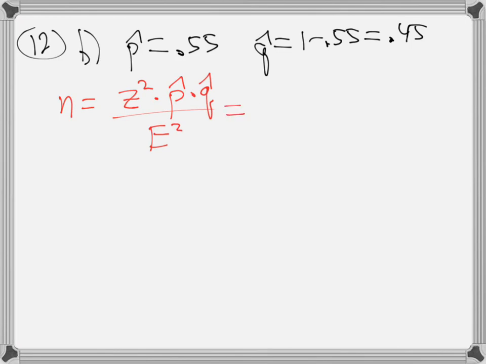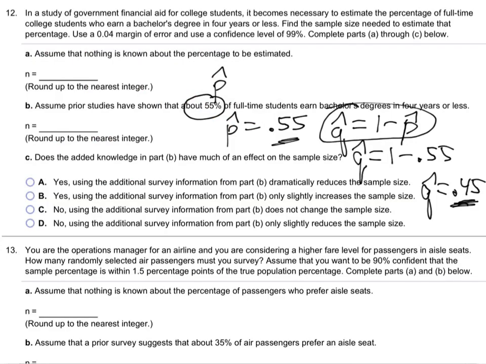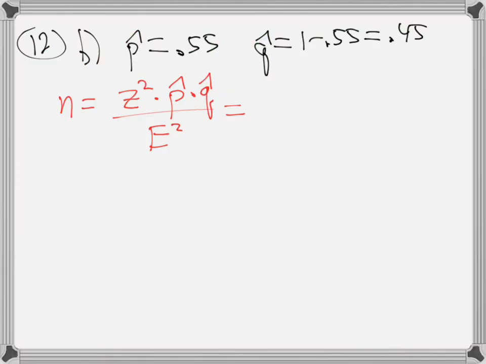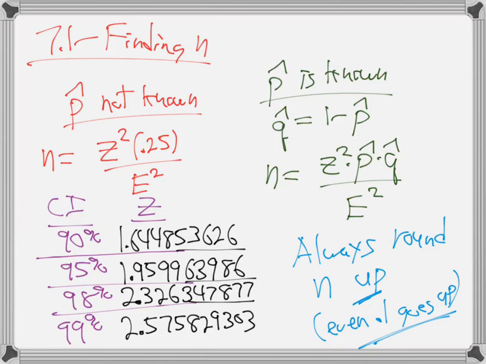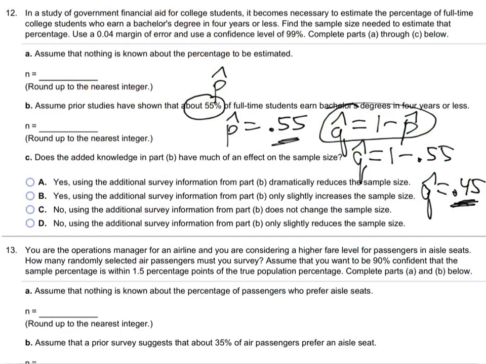What is the Z? Same thing it was before, that big, long, crazy number. What percentage are we doing here? 99, right? Yeah, 99%. We're still doing 99%.